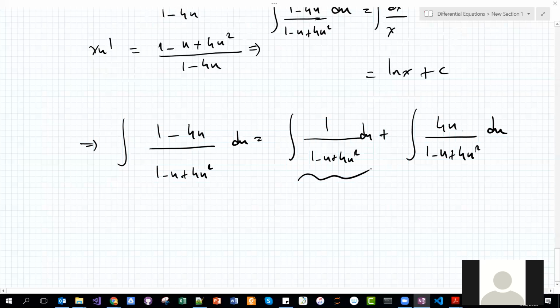So for this part, you need to use either u equals tangent theta, a trigonometric substitution. But this part needs to be taken care of by normal substitution. If you use t equals 4u squared minus u plus 1, dt is going to be equal to 8u minus 1. You are going to need to have minus 1 or something like that on the top. You can add negative 1 plus 1, and then you can take care of it.